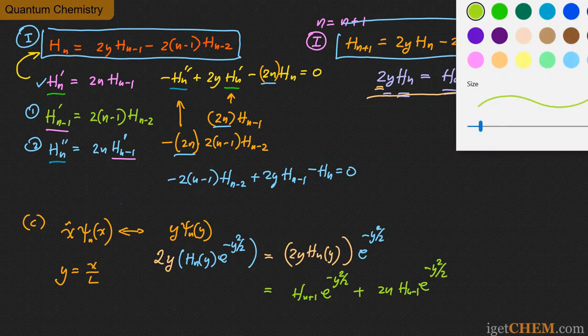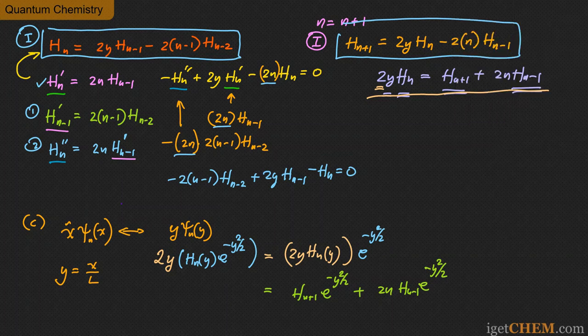And of course, you see that this one is simply going to give me psi n+1, while this one will give me psi n-1. So what that means is that the operator y, when it is applied to a particular psi n, will generate psi n+1 and psi n-1.